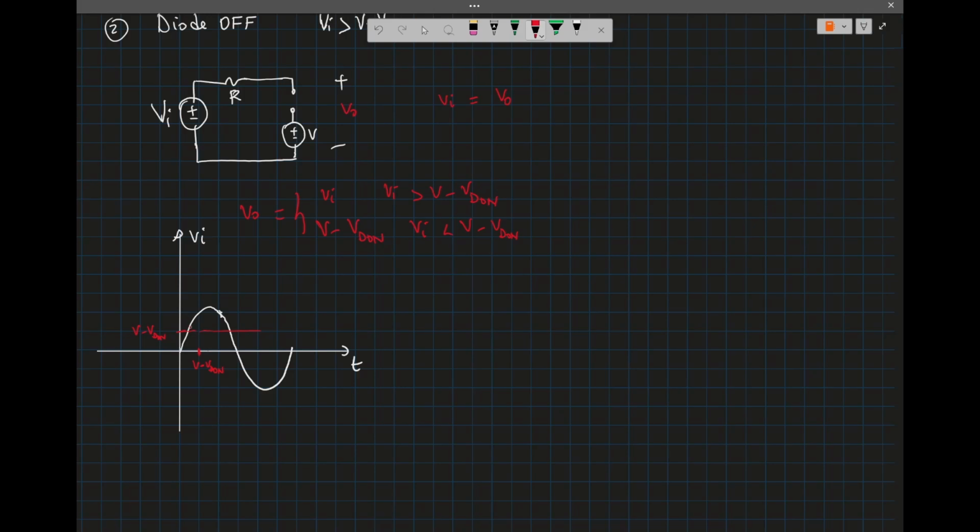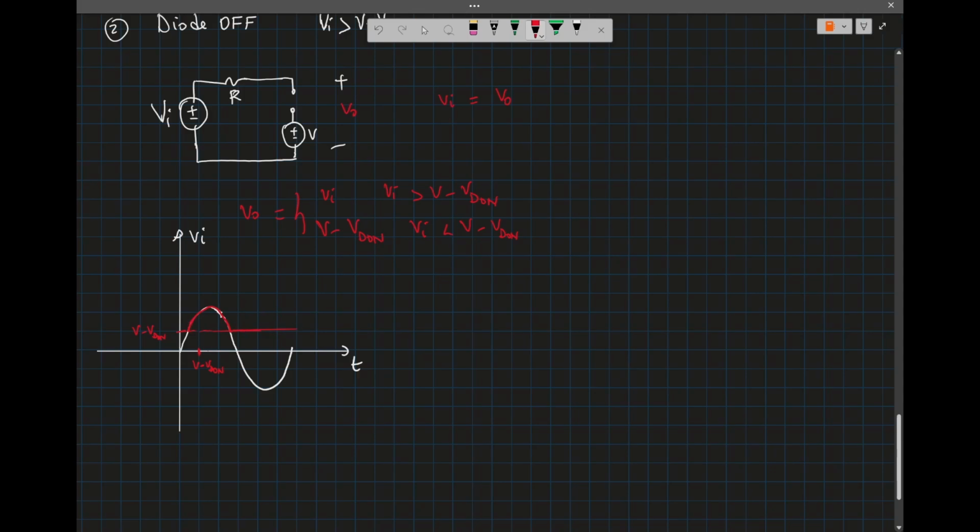So it's going to be this. Then when VI is less than V minus VD1, it's going to be constant, like this.